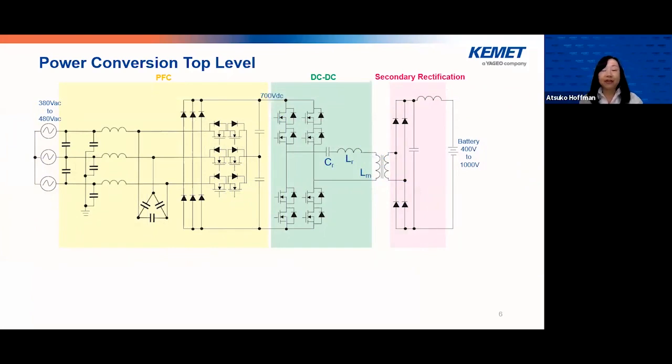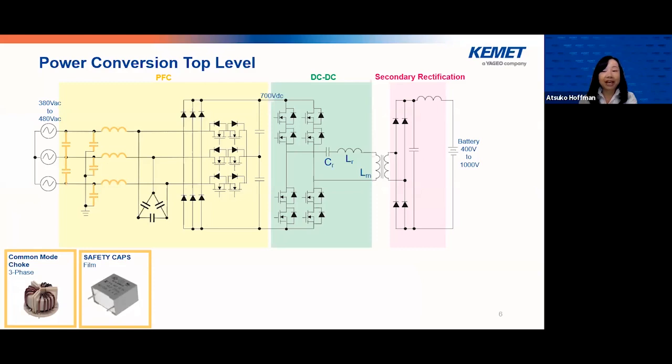KEMET works with various EV charging station customers, and we offer different passive components. For the PFC block, we offer three-phase common mode choke coils. We offer safety caps, X and Y caps, and also AC harmonic filter film capacitors.